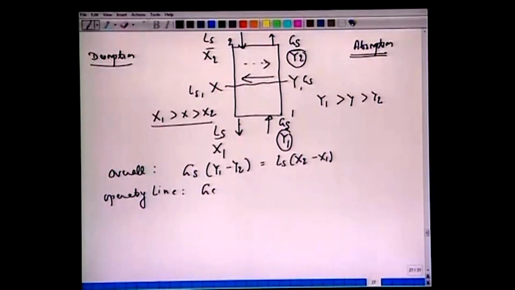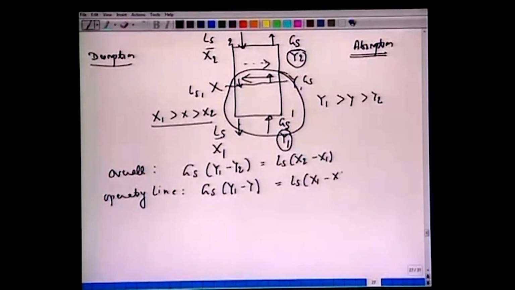So we can write GS Y1 minus Y, taking this envelope, equals LS X1 minus X. So one gets an operating line in terms of y equals mx plus c. This becomes your operating line.